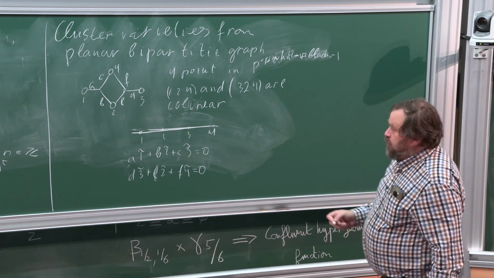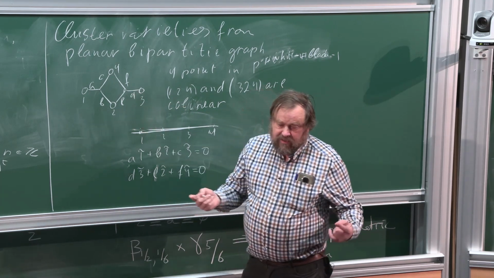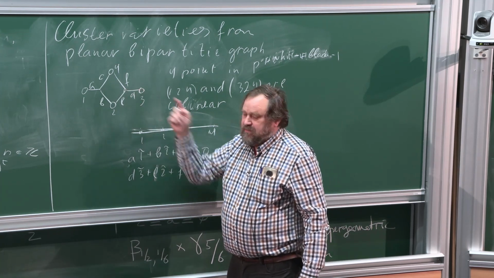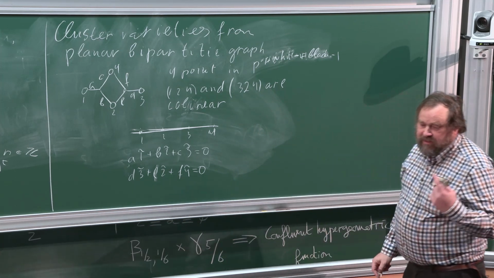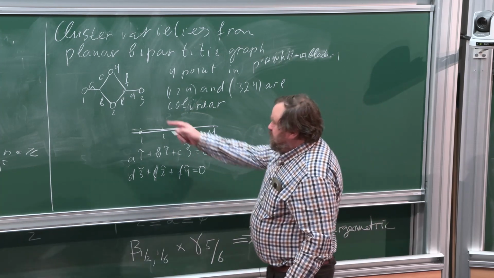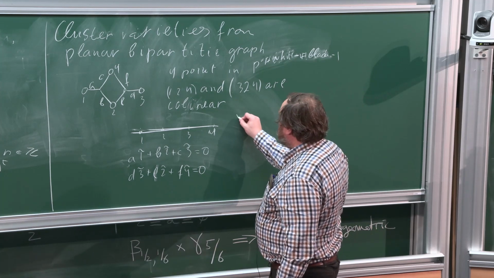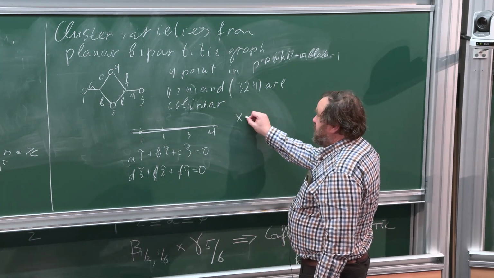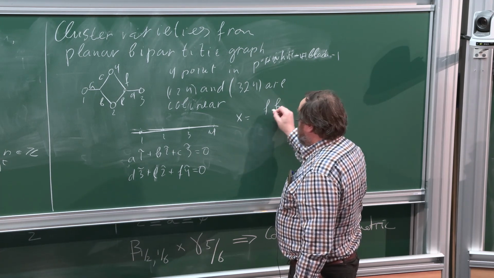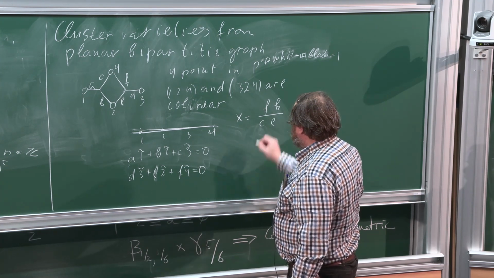You should imagine these numbers as a one-dimensional local system, a connection on this graph. So moving from this vertex to this vertex, you multiply by f. So it's a one-dimensional discrete local system with connection. The monodromy of this connection, going around the quadrilateral, gives the coordinate x, which in this particular case is fb over ce, with a minus.